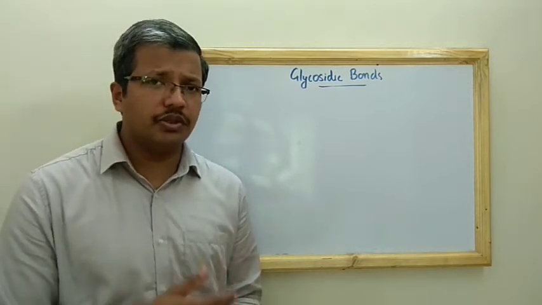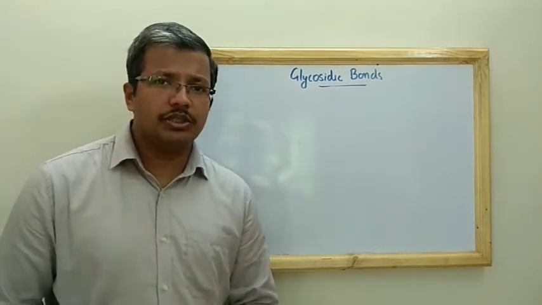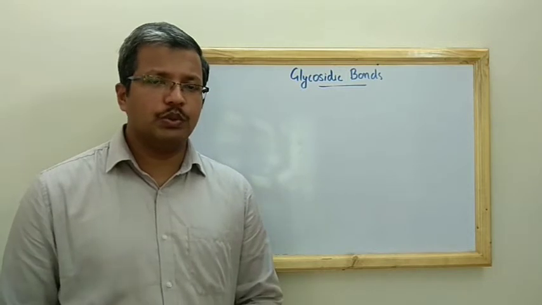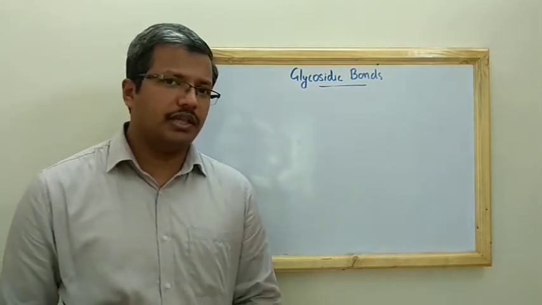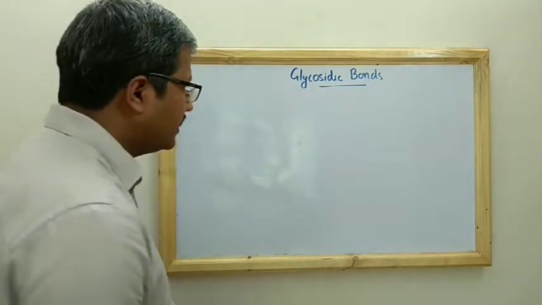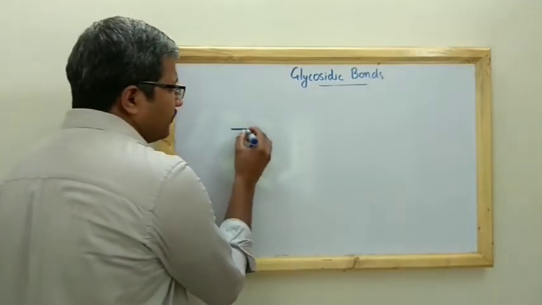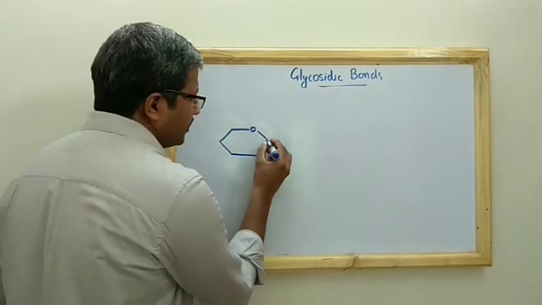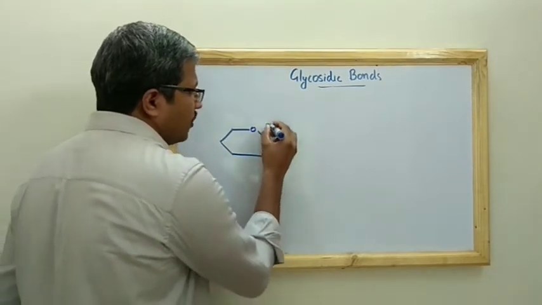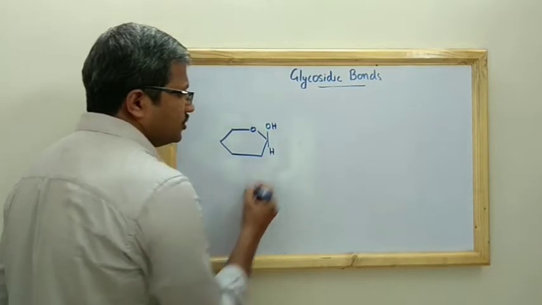So I'm just redrawing the N-acetyl glucosamine with the beta glucose. So you have to learn that only, not the alpha glucose N-acetylamine. Okay, so you can just see here the glucose will be in beta configuration. So OH should be on top and it should be down.